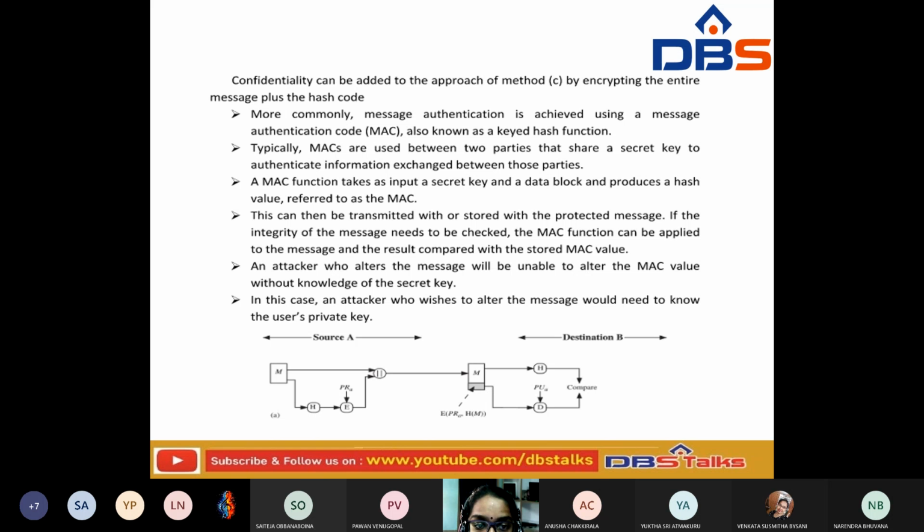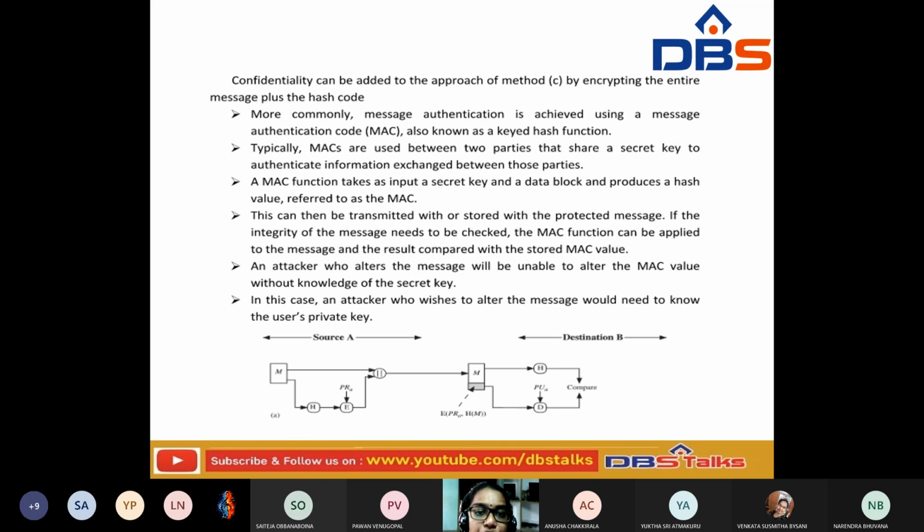A MAC function takes a secret key and a data block as input and produces the hash value. The secret key used to authenticate the information exchanged between the two parties, we call the message authentication code.